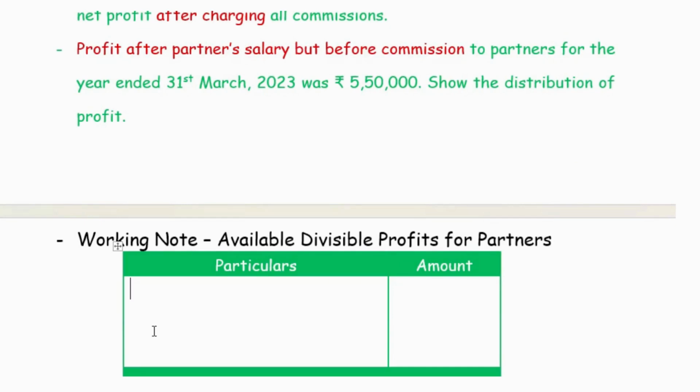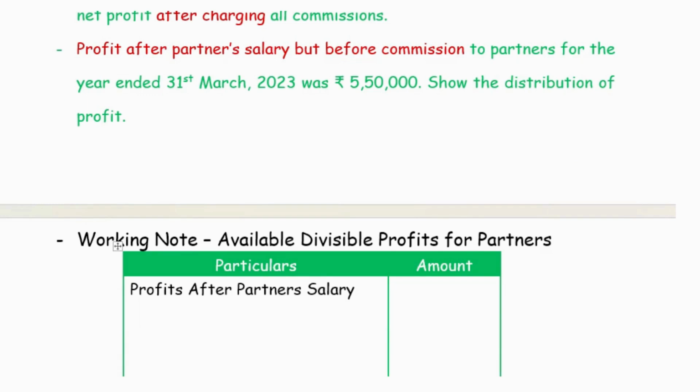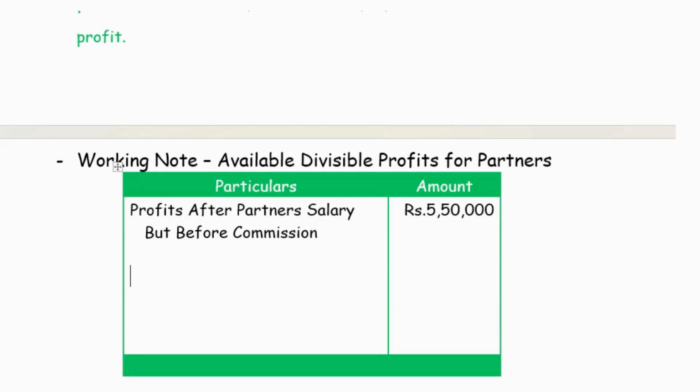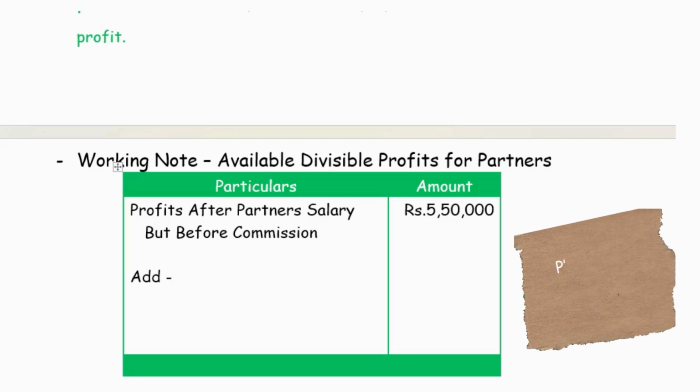In the question, we are given the profits after the partners' salary, that is, the profit is given after deducting the salary for the partners, but before the commission that is payable to them. That value is given as 5,50,000. Now what we will do is add back the salaries of the partners.